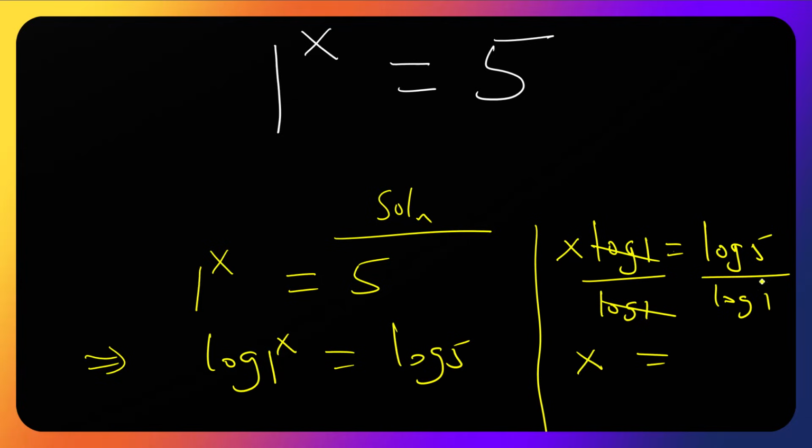So we have log 5 over log 1, but remember log 1 is equal to 0. So we have log 5 over 0, so this one will be undefined. It means this approach is not acceptable. All right, so let's see how we can solve for this.